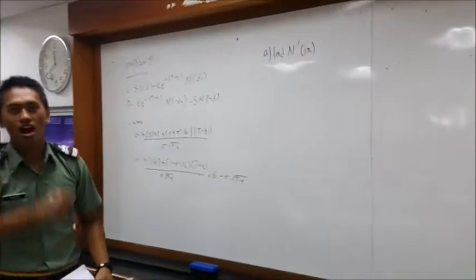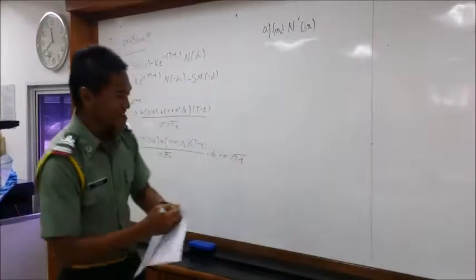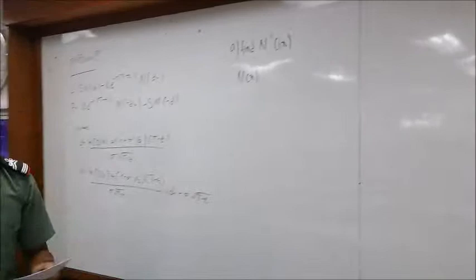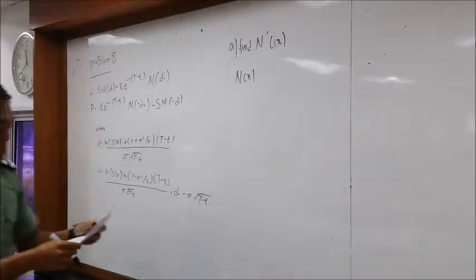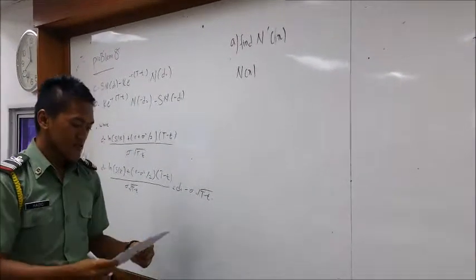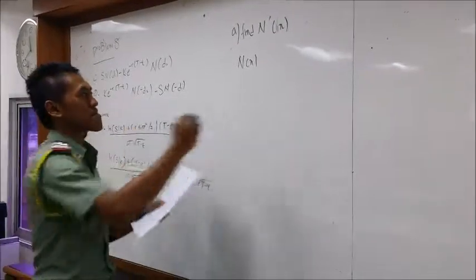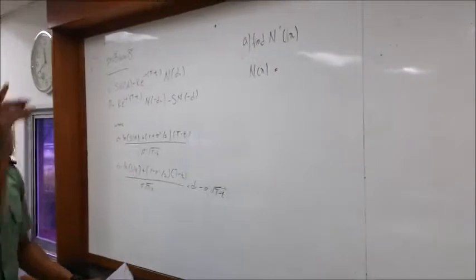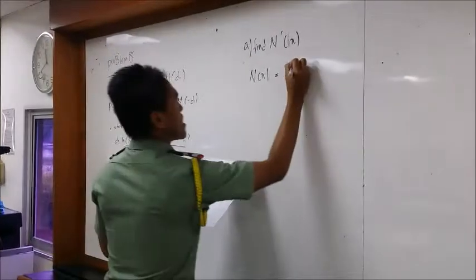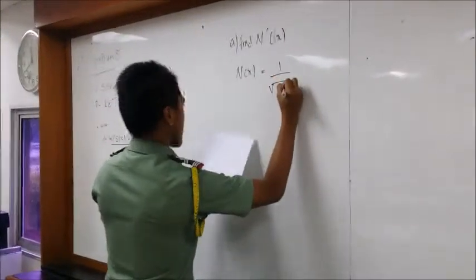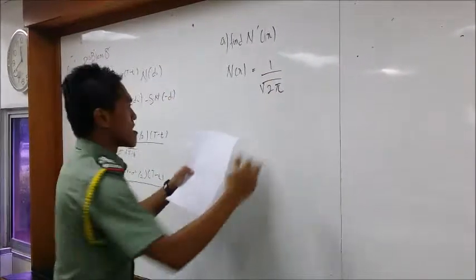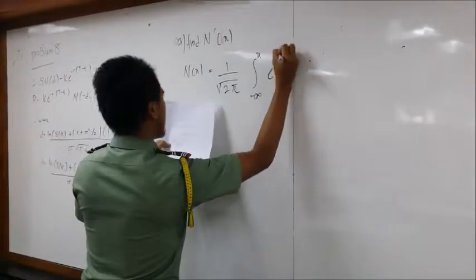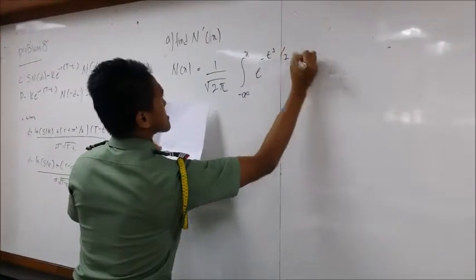First of all, I will explain N of x. We have learned statistics before, right? N of x is the normal cumulative distribution function. This is about statistics also. The formula is 1 over the square root of 2 pi, times the integral from minus infinity to x of e to the power of minus t squared over 2 dt.